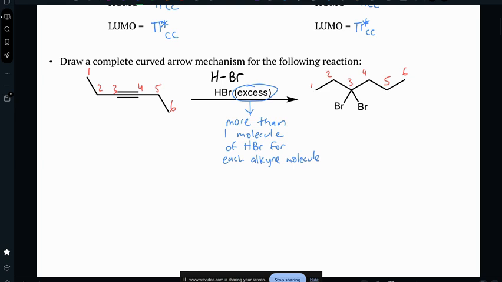So I'm going to have to use HBr more than once in my mechanism. But it won't surprise you, hopefully, to see that our first step is for pi CC to attack sigma star HBr. That's going to leave us a carbocation.